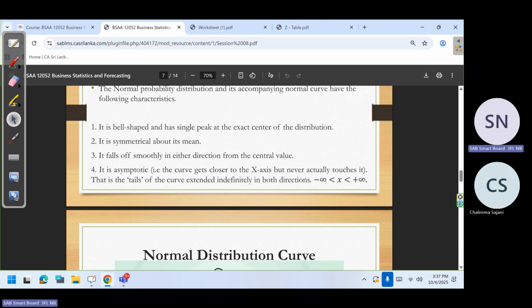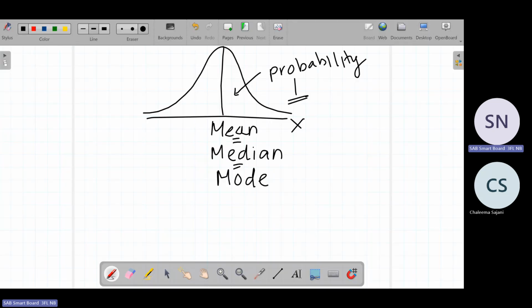When we draw the normal curve, it does not touch the x-axis. That characteristic we call asymptotic. Asymptotic means that when we draw the normal curve, it does not touch the x-axis. The reason is that this normal curve goes from minus infinity to plus infinity. The curve spreads. That is the reason we call the normal curve asymptotic. This curve does not touch the x-axis.